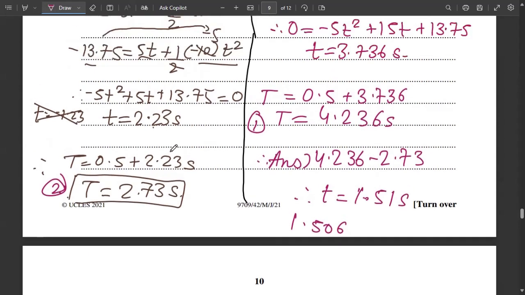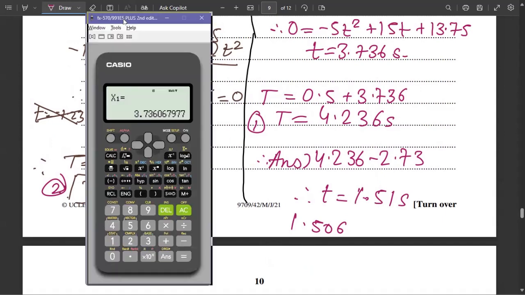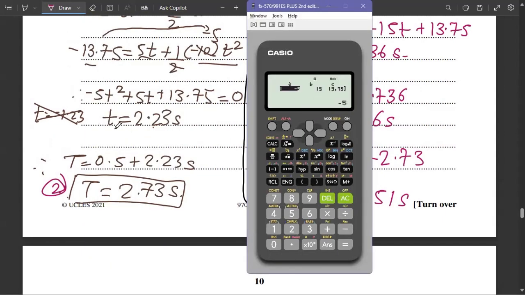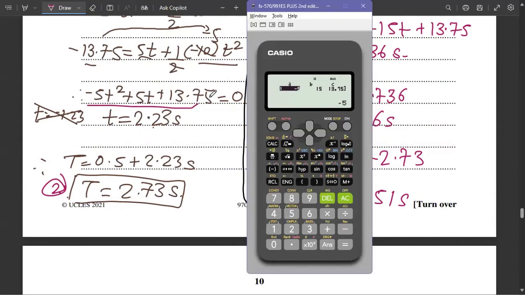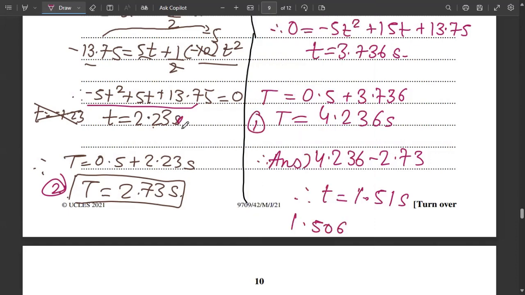Let me, I guess I have done an error here. If I put it in my calculator here again, minus 5, 15 and 13.75, then I will get 2.232. Okay. So here it should be 2.232 seconds. So here 2.732.